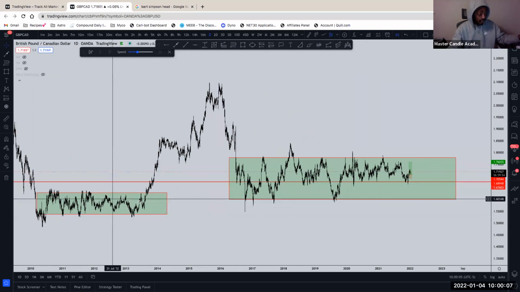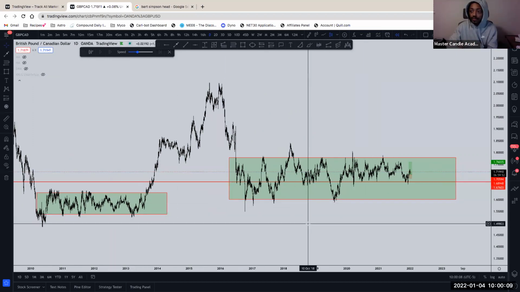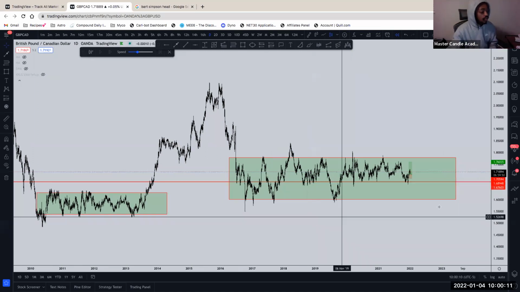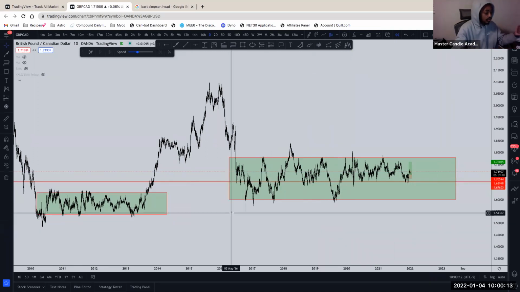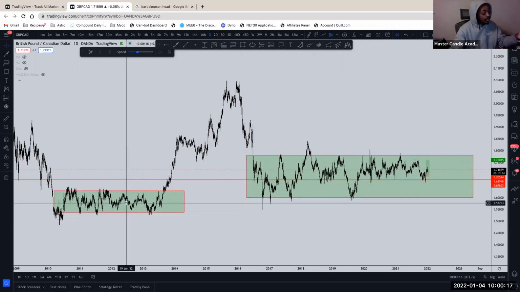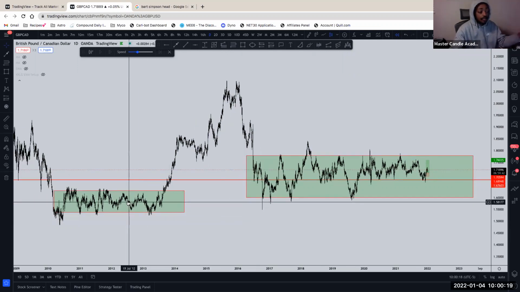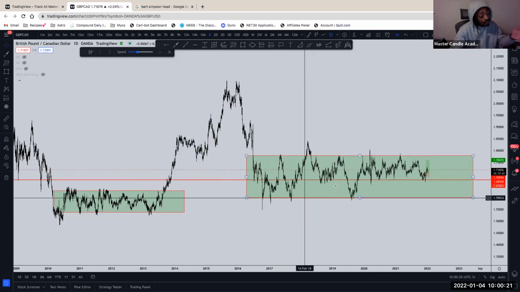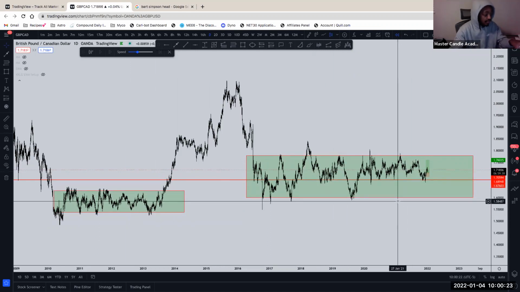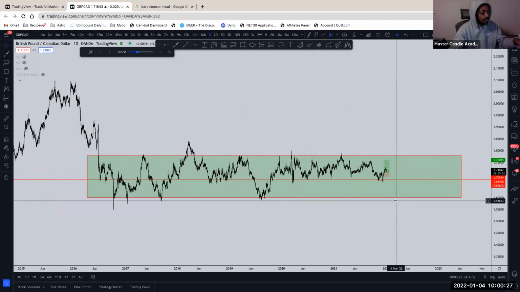Now, just looking at structure and identifying what's going on, we now see the bigger picture. We've identified a Bart Simpson pattern in the past, and we now see that we are currently in the same market cycle of the Bart Simpson accumulation.